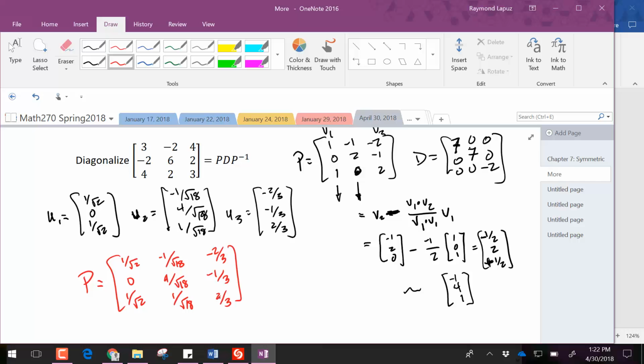Wait, what's the null space? Eigenvectors? Oh, yeah.